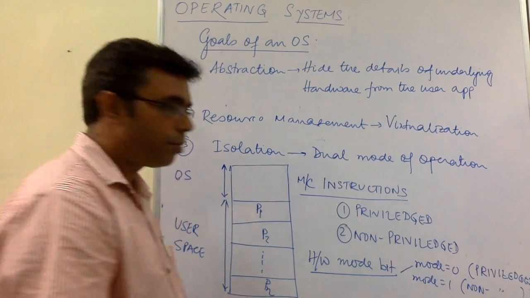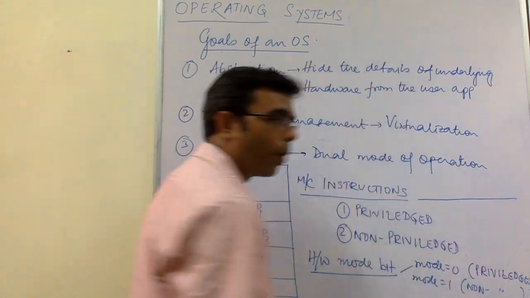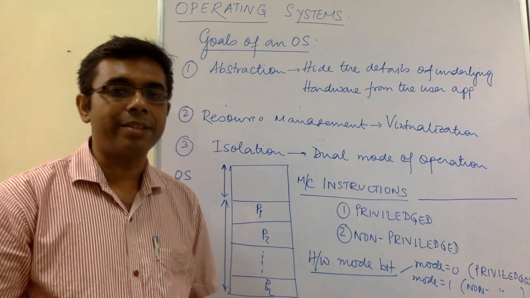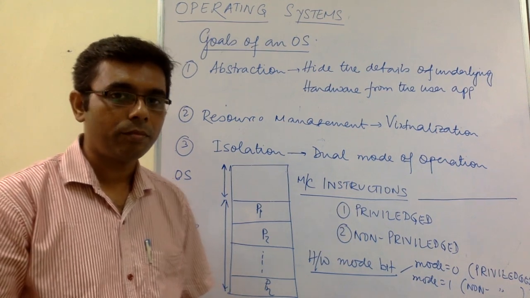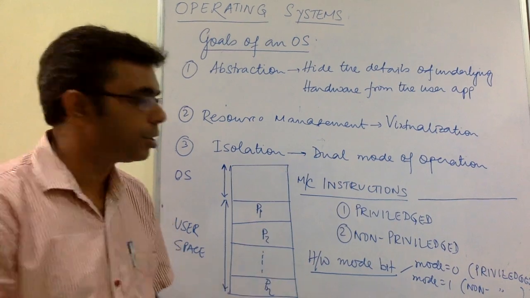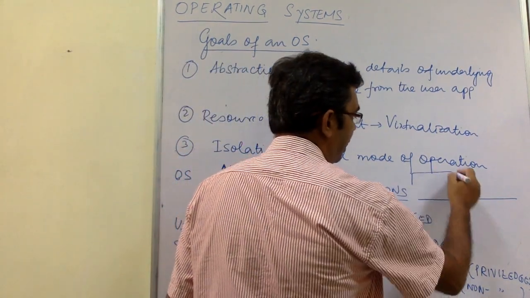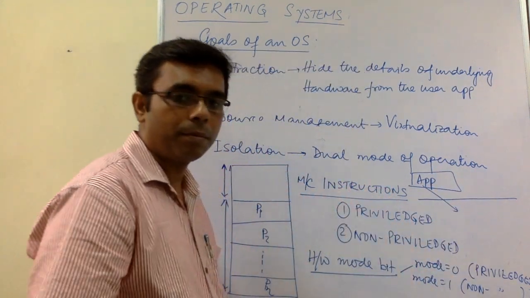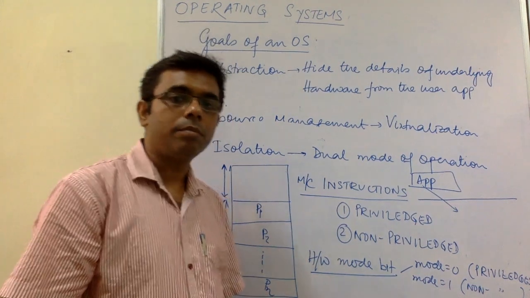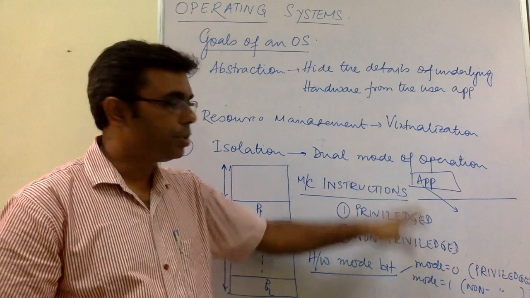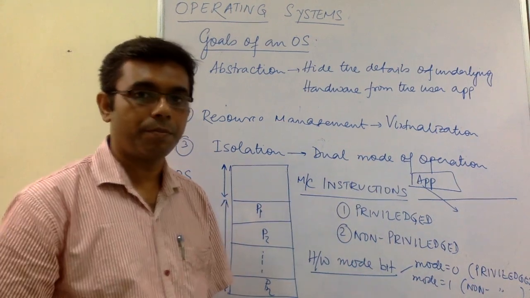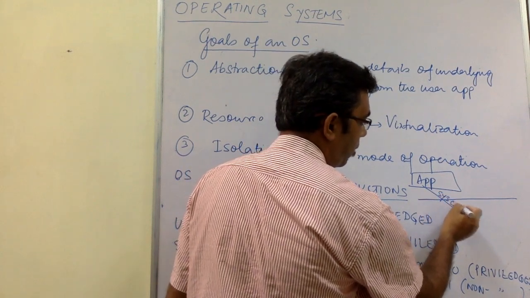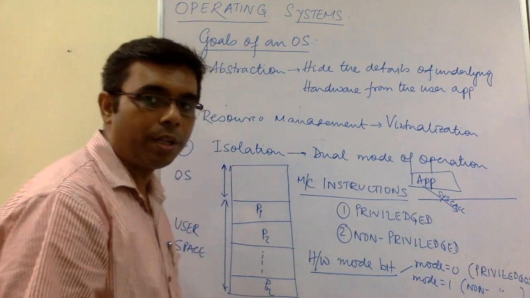Now there's a transition that happens when the user program wants to access some kernel level instruction. Remember that printf statement when we were trying to execute? Let's say there is some user application which would like to execute something, but that particular instruction is a privileged instruction. So the first thing that happens is it makes this request in the form of a system call to the kernel.